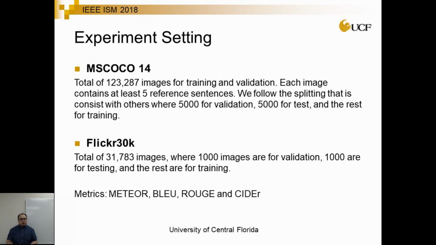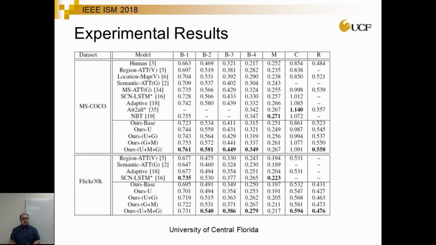And we test the result with popular metrics such as METEOR, BLEU, and ROUGE, and CIDEr, which are widely used to evaluate translation models in NLP and other visual computing areas. Here we see the experiment result. We made an ablation study with combinations of object graph, matching, and original global vector.